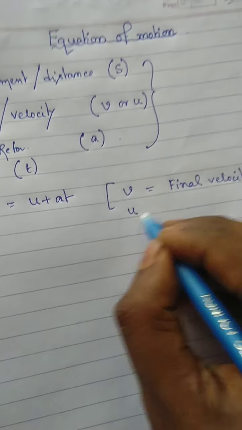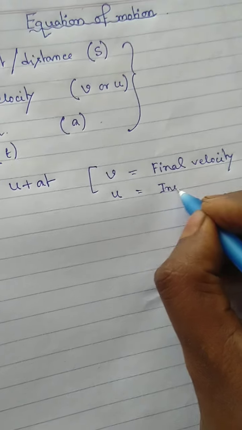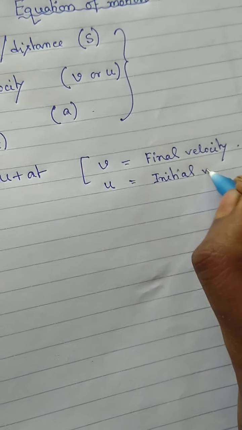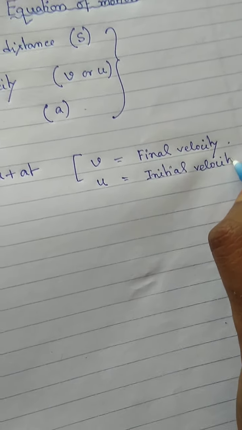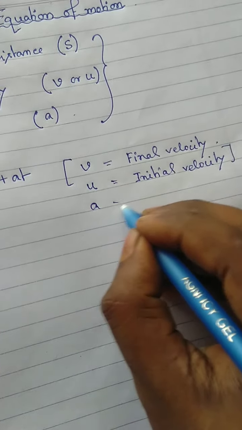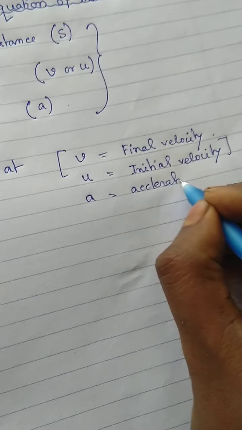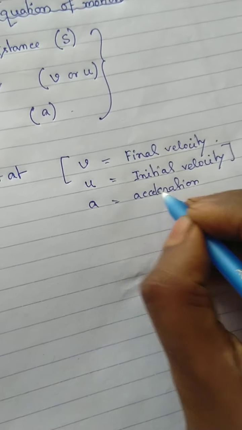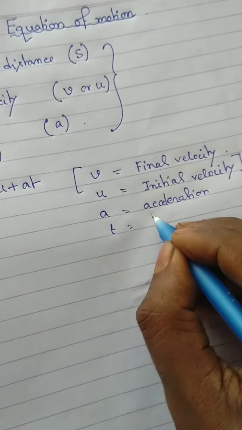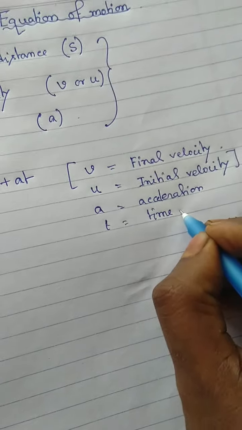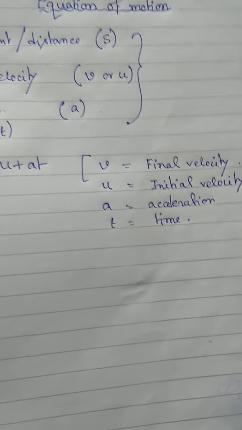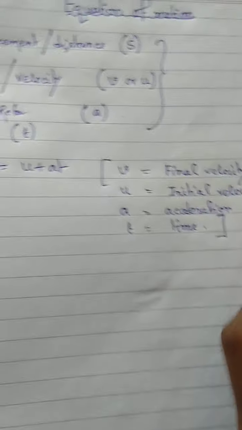U is called the initial velocity. Now A is your acceleration. Now T is your time. So those are the quantities which have their meaning.